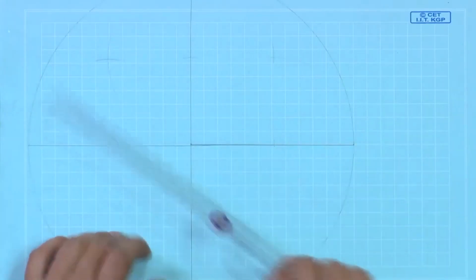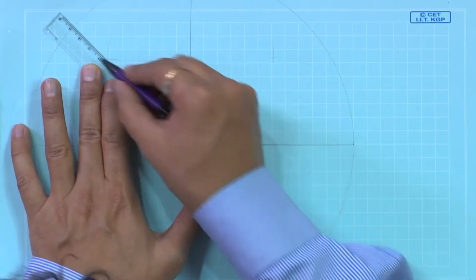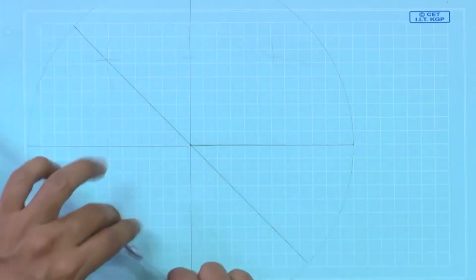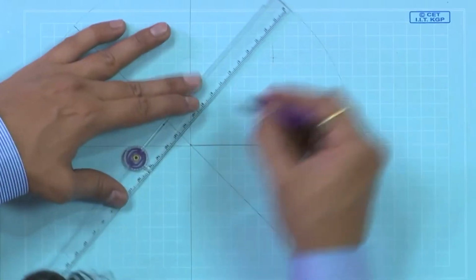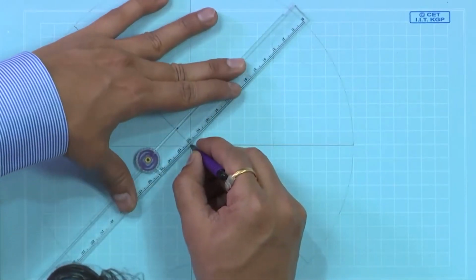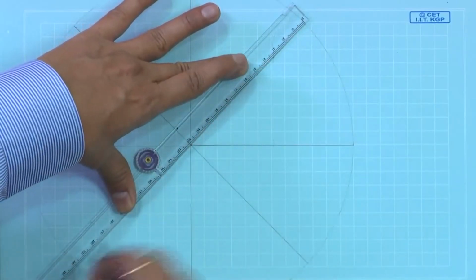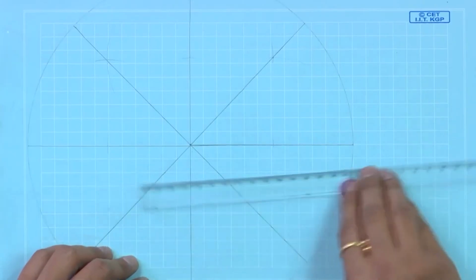Now, join these lines using your scale. So, 8 equal parts.